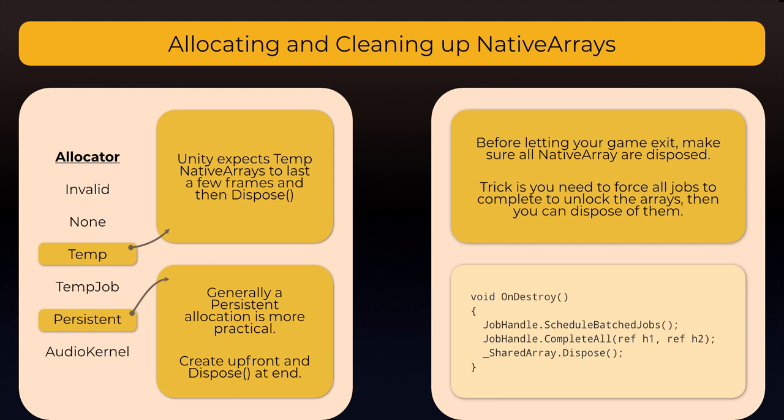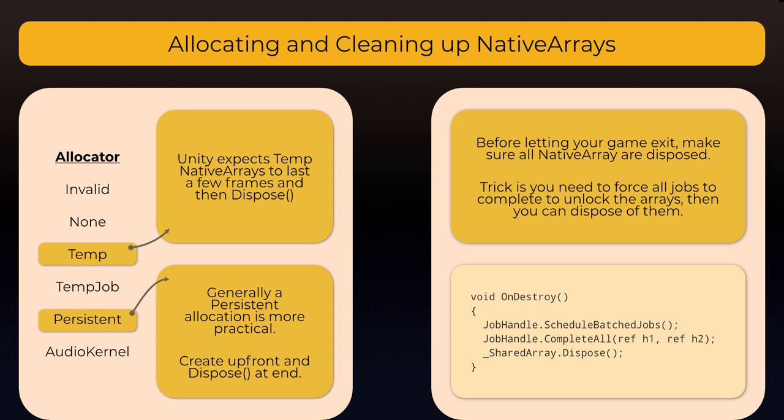So when that MonoBehaviour is about to run away forever, this will get called by Unity automatically, and then you can use the JobHandle static methods ScheduleBatchedJobs and CompleteAll to force all of the jobs to actually get executed. Otherwise, you never know, right?